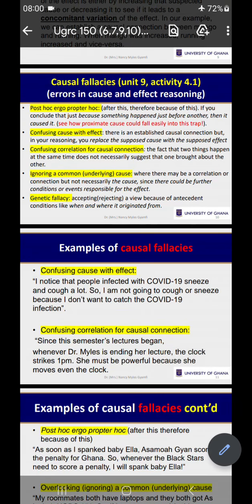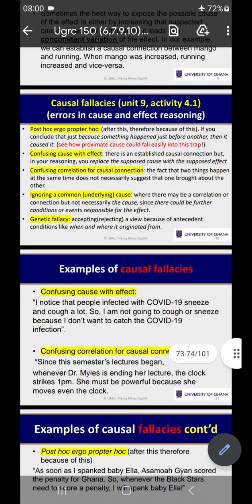Remember I told you that after this, therefore, because of this. If you fall down right now, assuming it is raining, a wind is blowing, and you fall down, you can't say you fell down because of the wind.